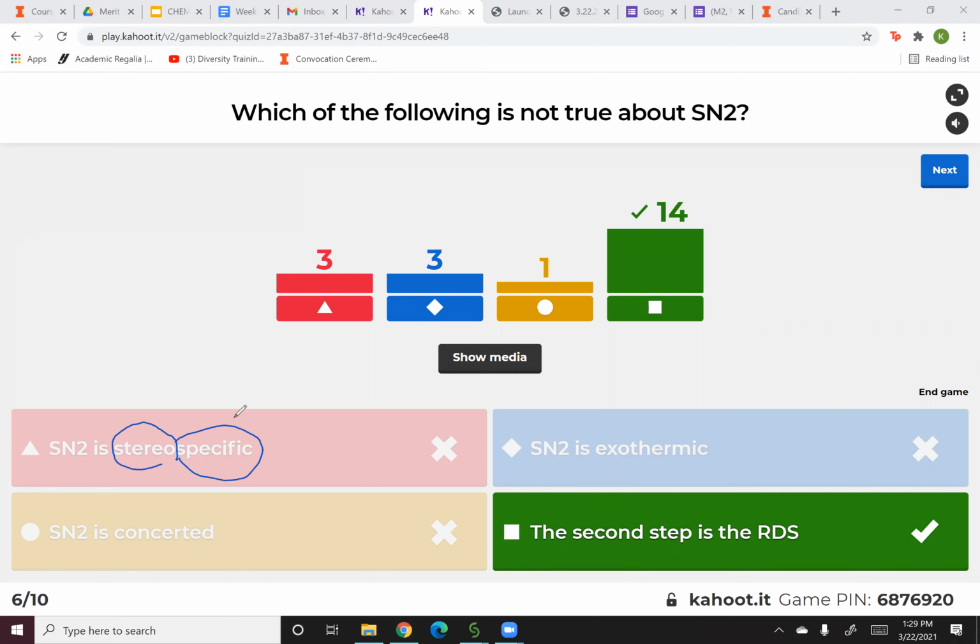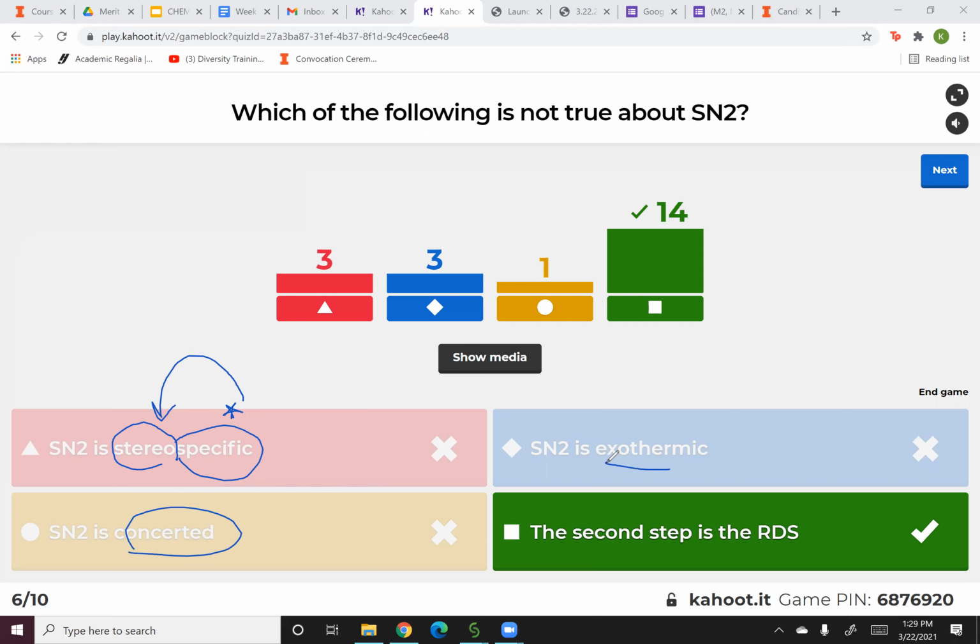We are going to produce a specific stereoisomer. So we know that SN2 has an inversion of stereochemistry, so we have that stereospecificity. What does it mean to be concerted? Yes, so we know SN2 happens in a single step, so it is concerted.